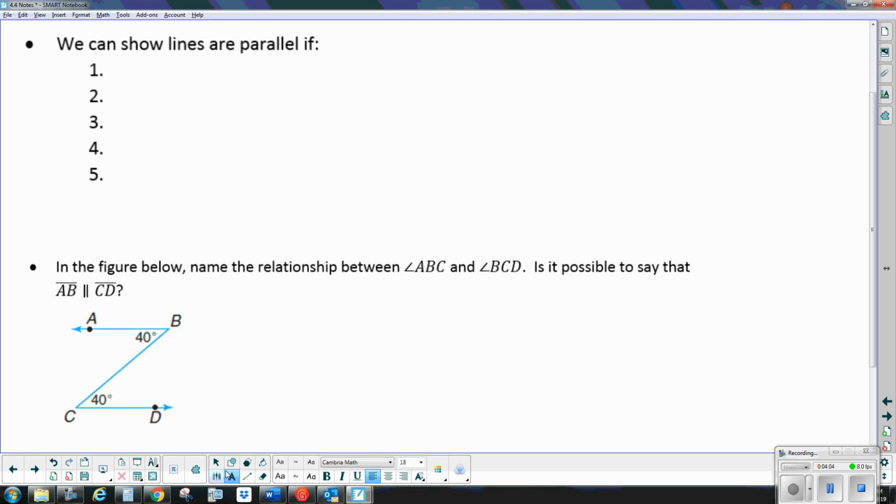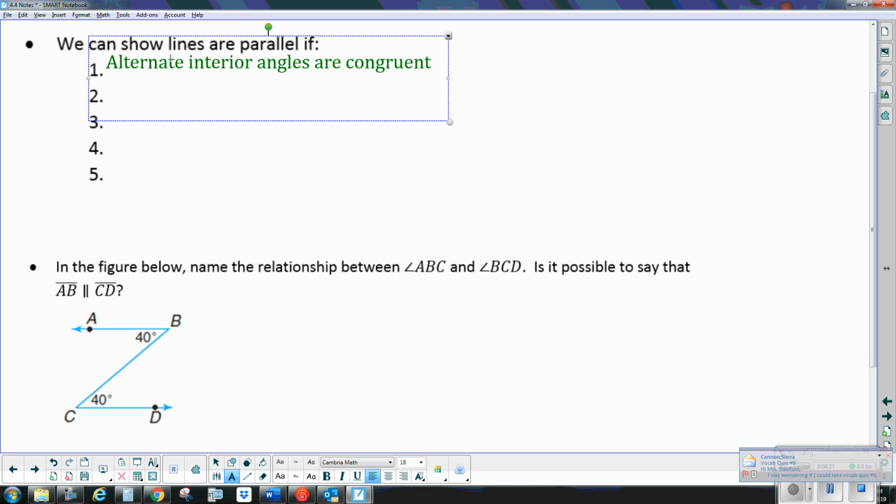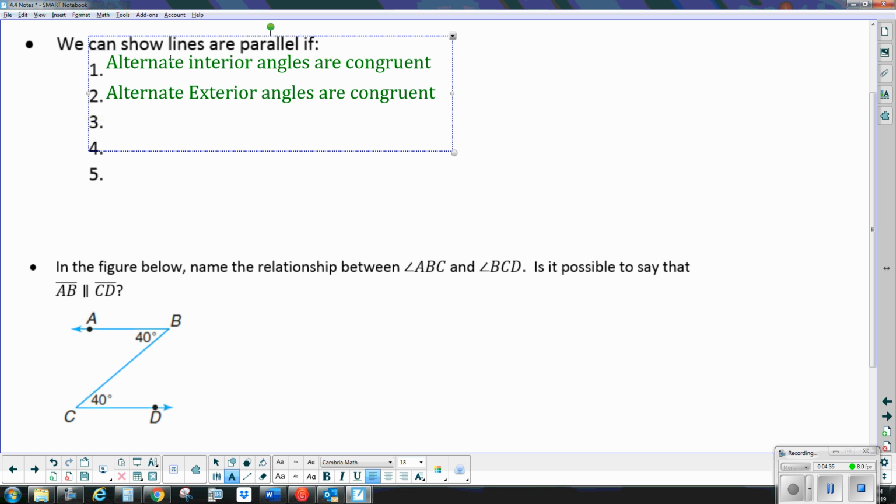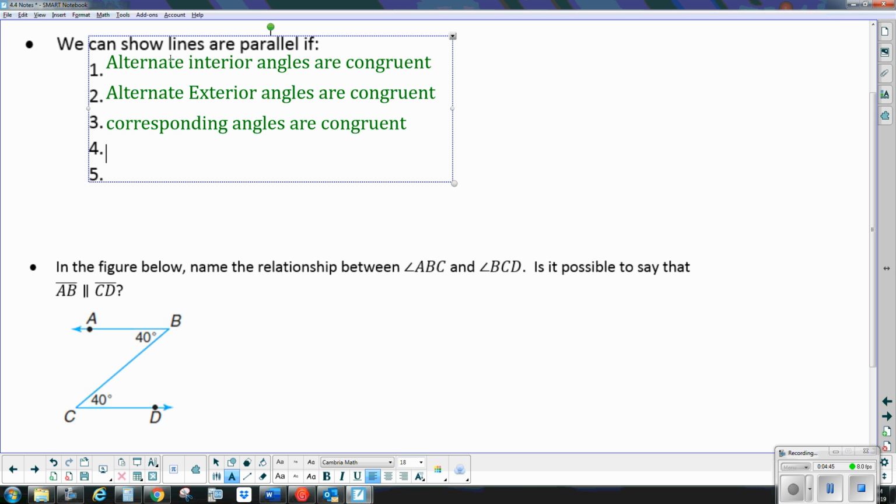So we can show lines are parallel if, and we're going to use all of those converses that we just listed, if alternate interior angles are congruent, we can show lines are parallel if the converse of the alternate exterior angles theorem, so if alternate exterior angles are congruent, we can show lines are parallel if corresponding angles are congruent, we can show lines are parallel if we can show that consecutive interior angles are supplementary.